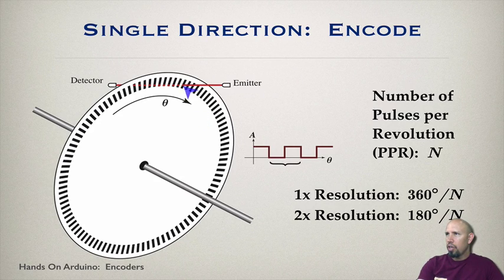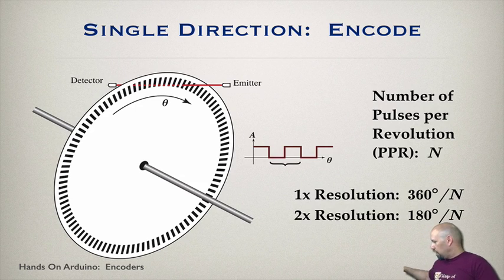The emitter emits over to the detector, and if the disk has a slot that happens to line up with the beam, then the light will go through. Otherwise, the light will be blocked, and you won't get anything going to the detector. So it's pretty straightforward.